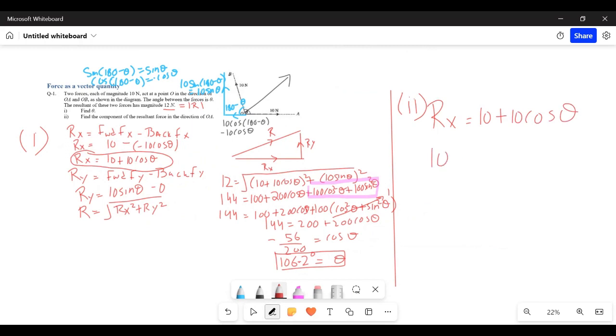So 10 plus 10 cos 106.2, which gives 7.2 newtons. Let me check. 10 plus 10 times cos 106.2 is 7.21. Yes, so there should be a 1 here in 3 significant figures.